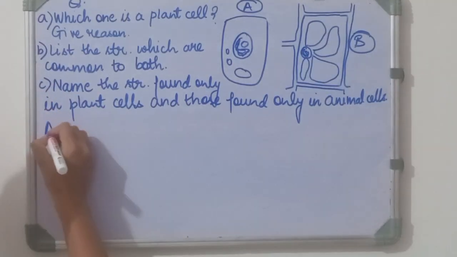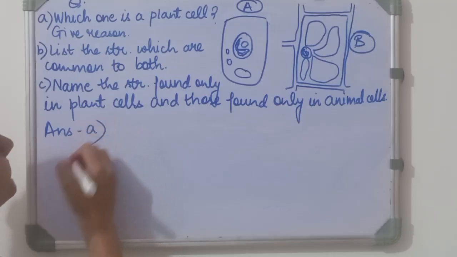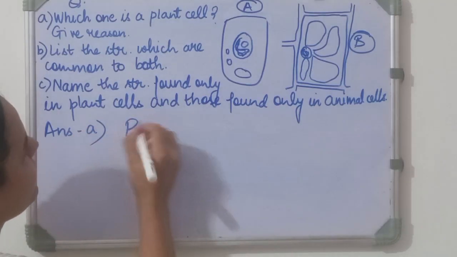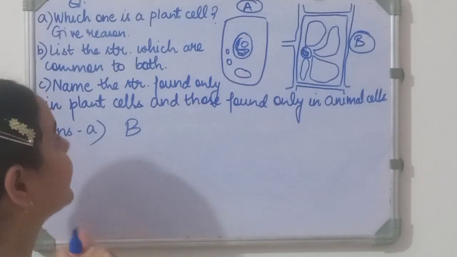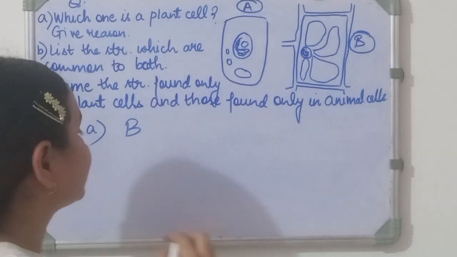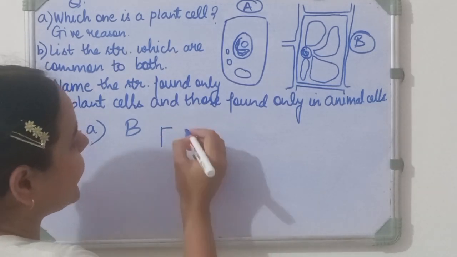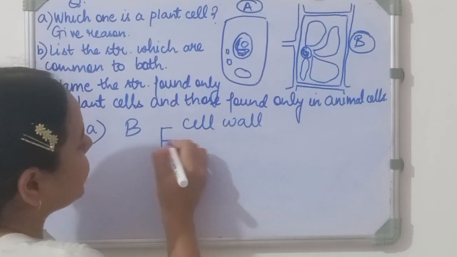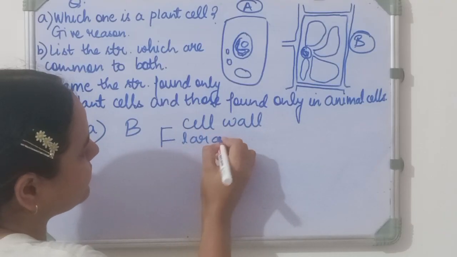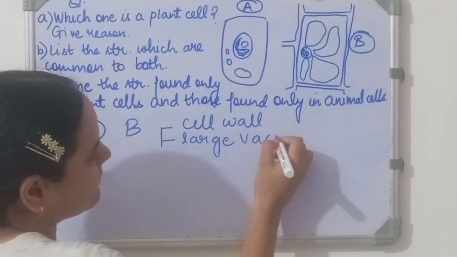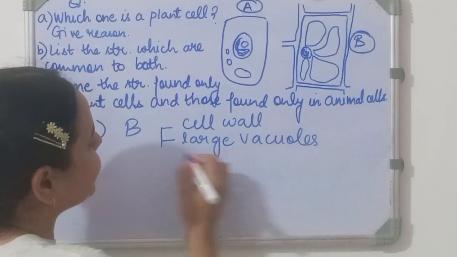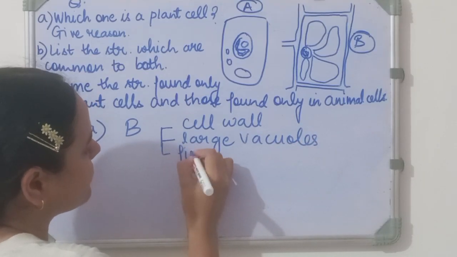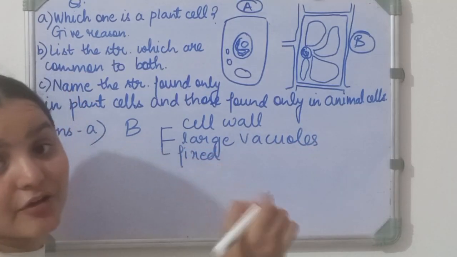So answer for A is B. Figure B is a plant cell. Now we have to give reason because it has cell wall, it has large vacuole, it has a fixed rectangular shape.